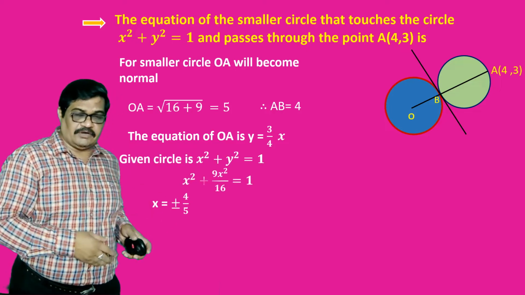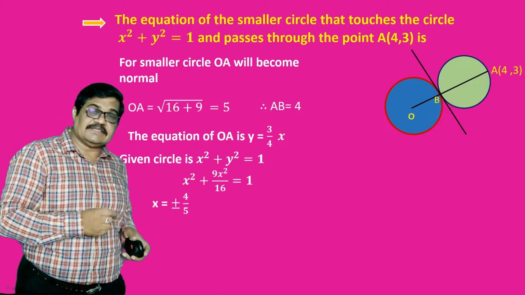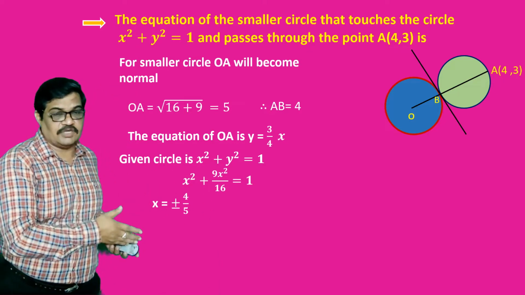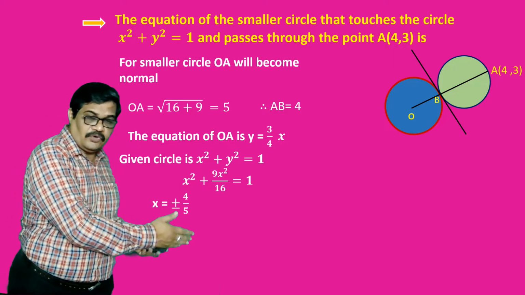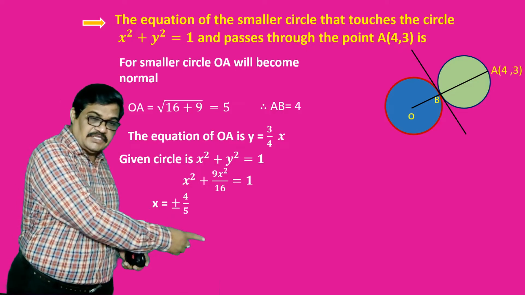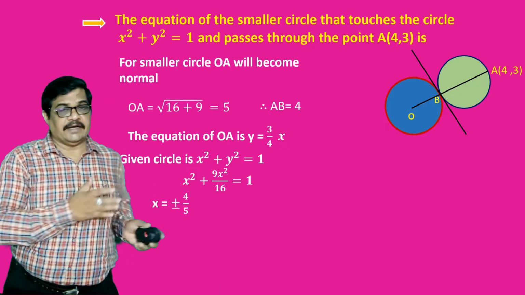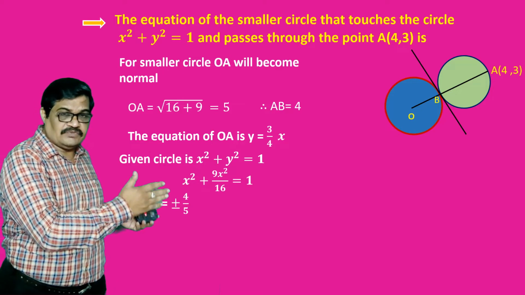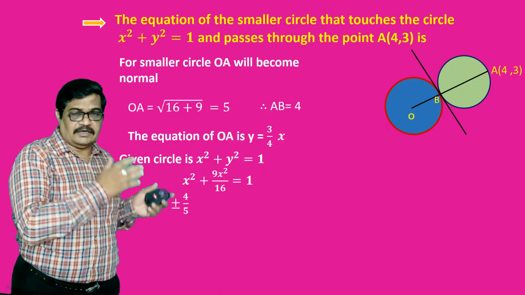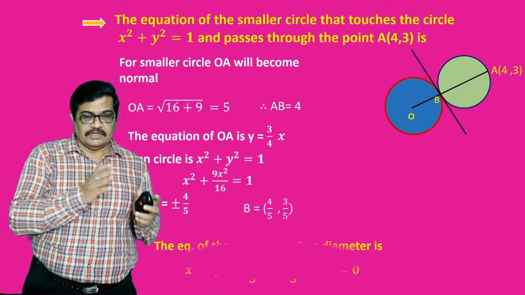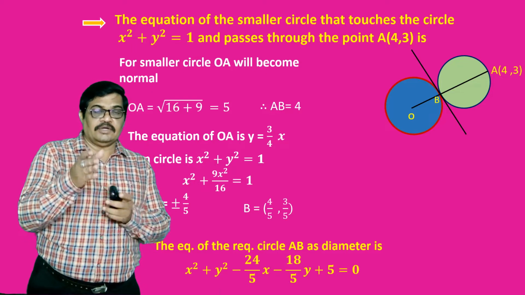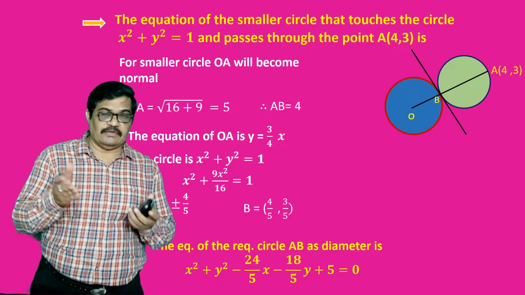In the given circle x² + y² = 1, we substitute y = 3x/4. Then we get x² + 9x²/16 = 1. From that we get x = ±4/5. So we are getting the coordinates of B. Here the x-coordinate is 4/5. Then we substitute in y = 3x/4 to get the y-coordinate.